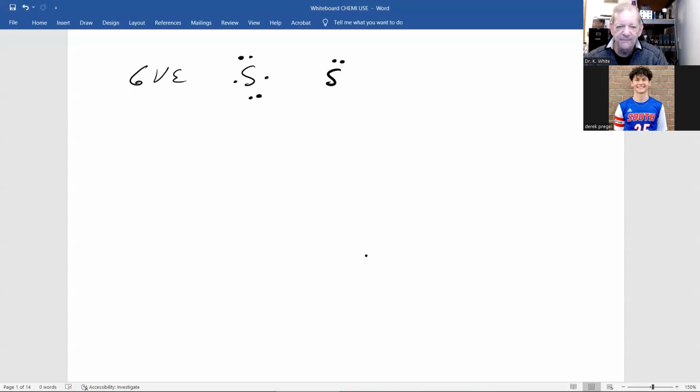Another 1 would be this. And there are 2 others you could draw. Whoops, I made a mistake there. Now it's correct. So 2 sides have 2 dots, and 2 sides have 1 dot. So you put 1 dot on each side of the chemical symbol for the valence electrons, and then you double up.